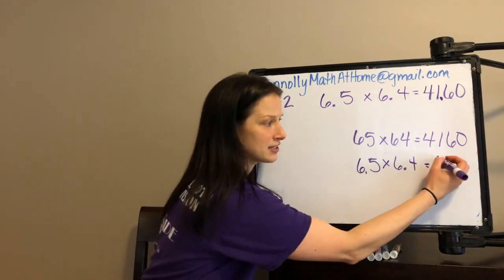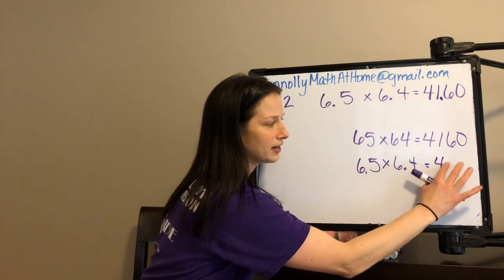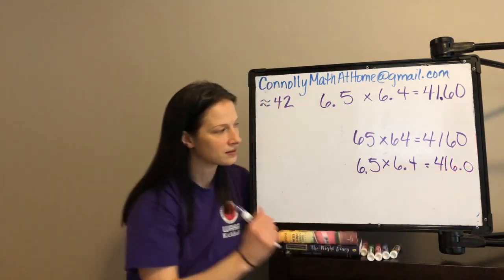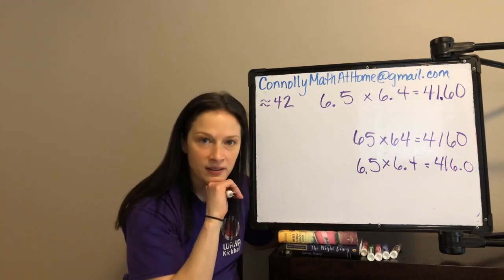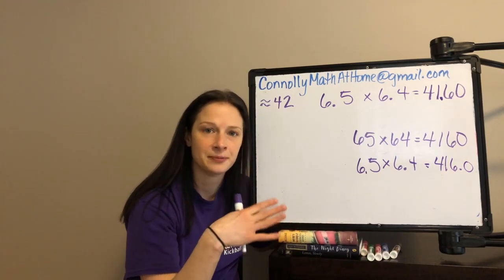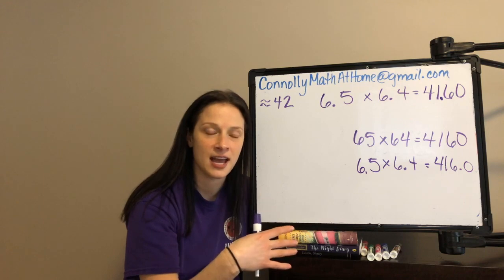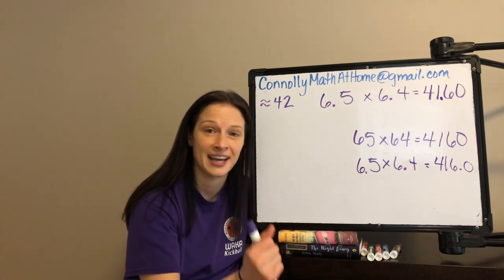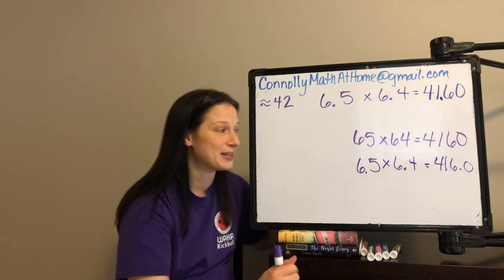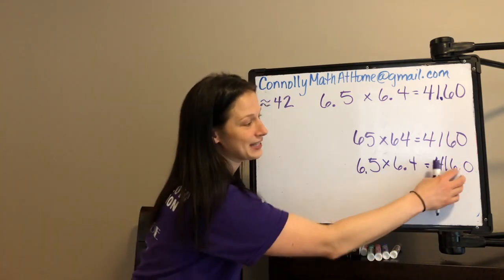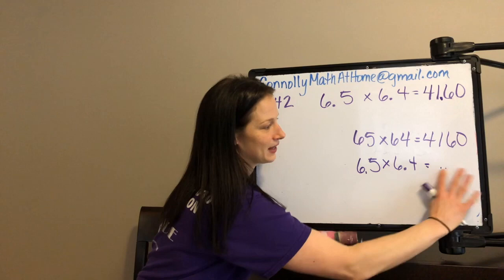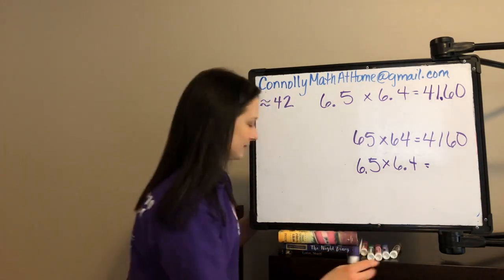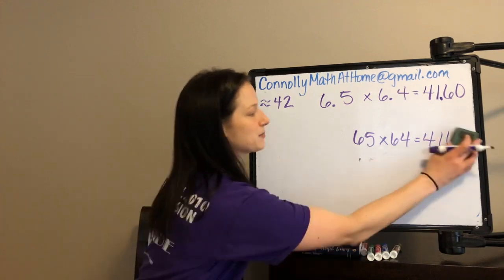If our product got 10 times smaller, the decimal would be there. So why did our product get 100 times smaller? And this is one of my favorite things to explain. So let's talk about it. All right, what happened? I need more space. Miss Connolly needs more space.